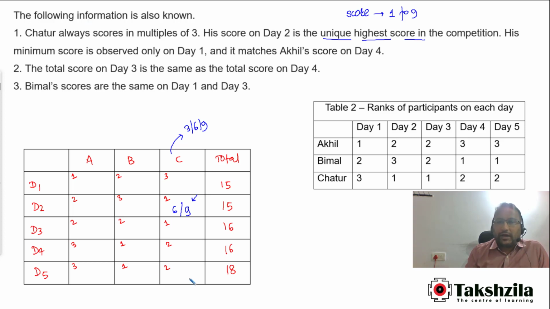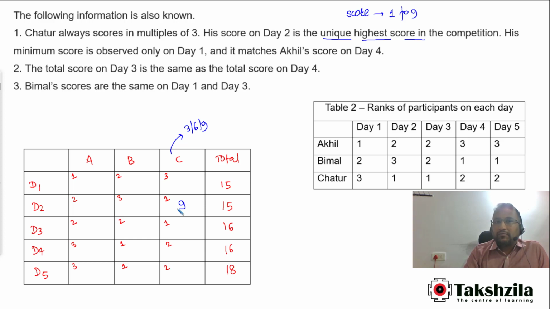So over here you can see that it has to be the highest score. Over here it is 18, so minimum it can be 6, 6, 6. So there has to be some score which is greater than 6, and that has to be the highest, and that has to be for Chatur only. So from this we can conclude that the score for Chatur on day 2 is 9 only.